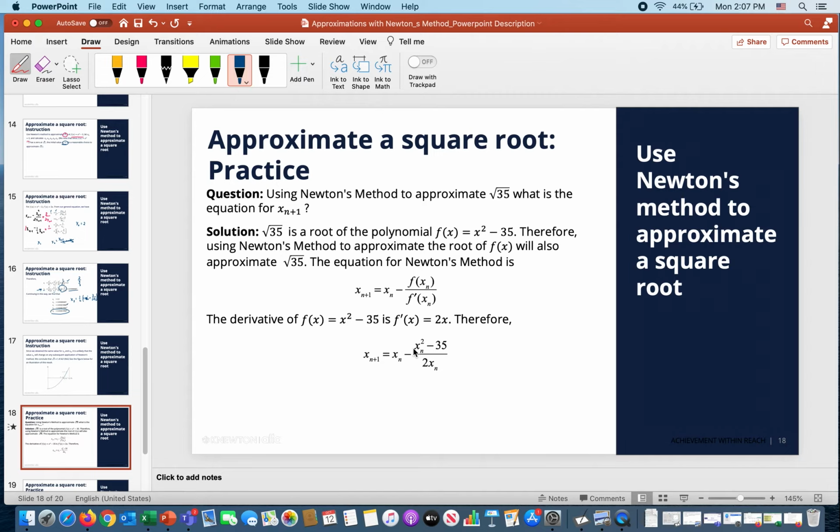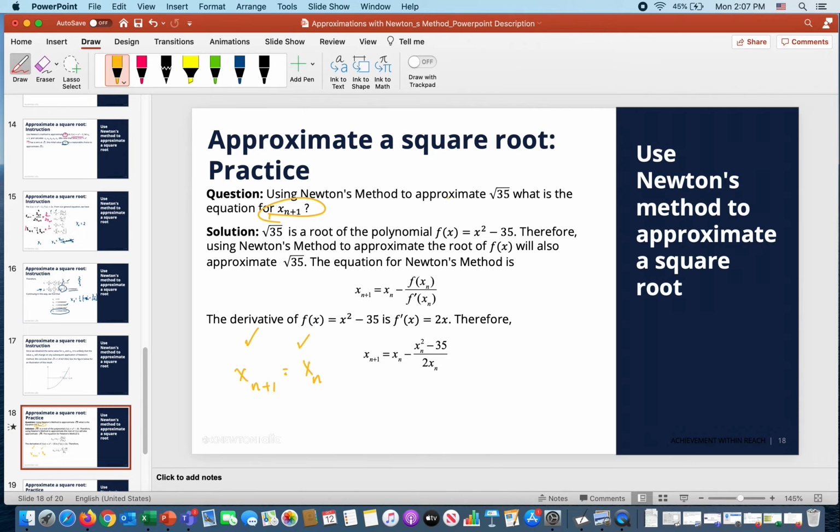Notice in this one, we only want to be able to write an equation for identifying what this is going to equal. Okay, so it says, what is the equation for x sub n plus 1? So using our Newton's method, x sub n plus 1 equals the previous term. Okay, so if we're looking at x sub n plus 1, the previous term was x sub n minus x sub n squared minus 35.